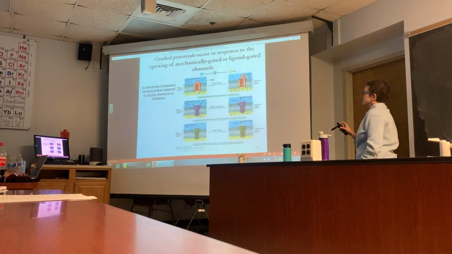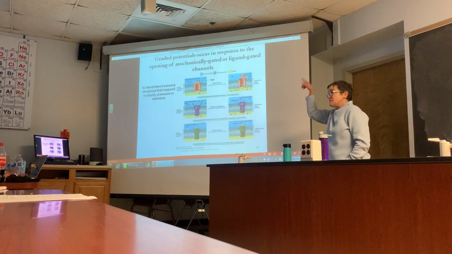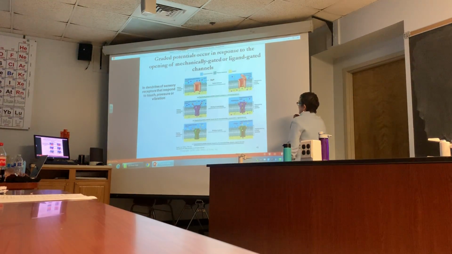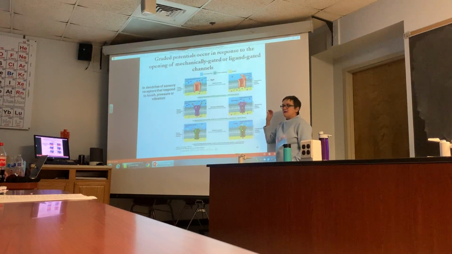So, first of all, in the tactile reception, and this is the picture I was wanting to see earlier, in tactile reception, in the sensory receptors that detect touch. So this would be, the Merkel cells would have these kind of mechanically gated channels. The touch receptors, like Meissner's corpuscles.